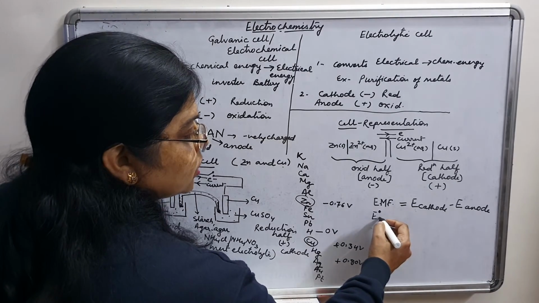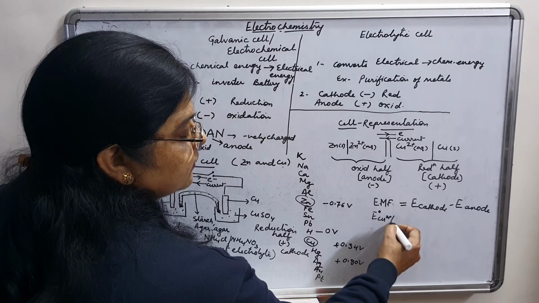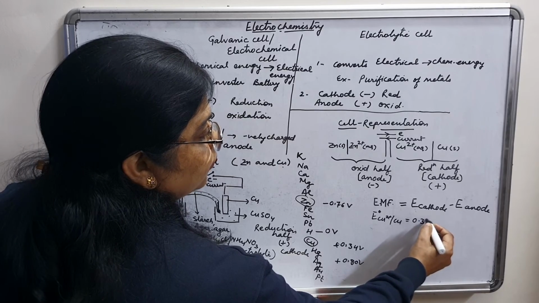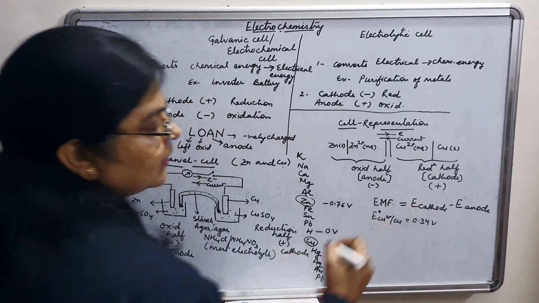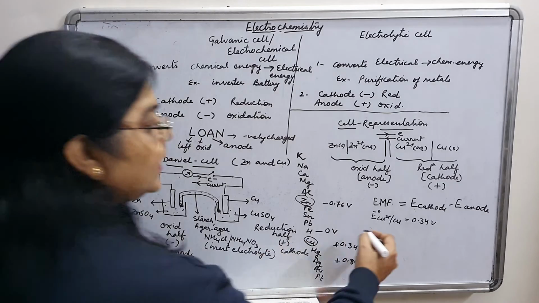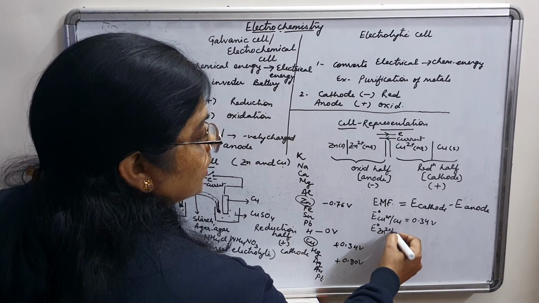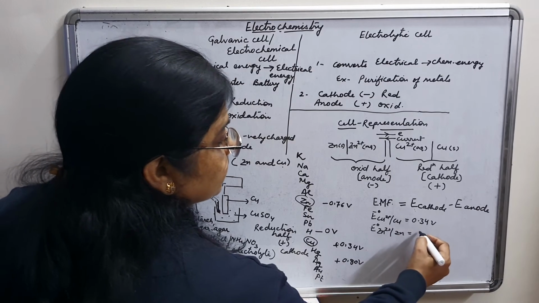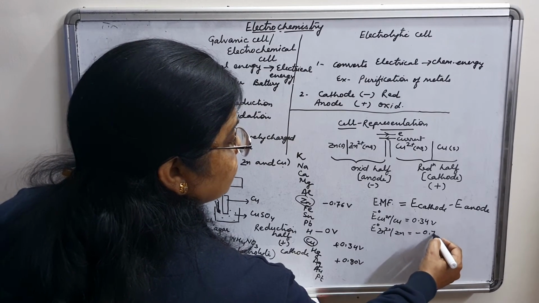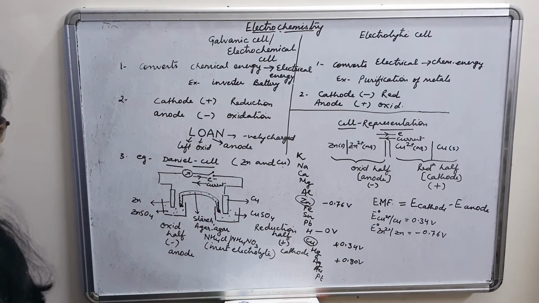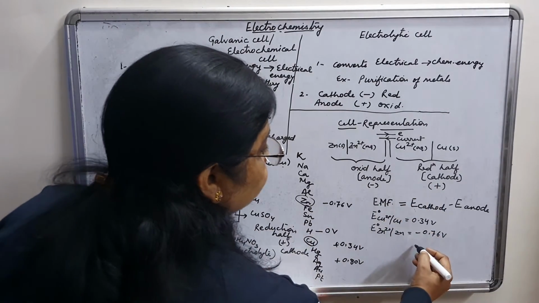So cathode potential can be written as Cu2+/Cu, that is 0.34 volt in positive values. While electrode potential of zinc electrode, this is written in this way. This is written as minus 0.76 volt. These values I have taken from the table.